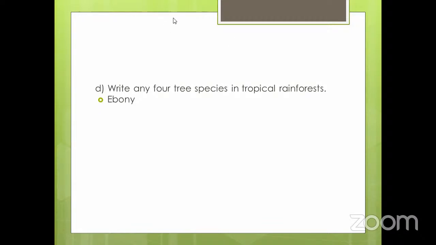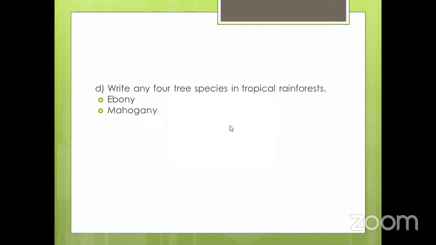That is one of the tree species we have in tropical rainforest or equatorial rainforest. Who can read that word? Susan, are you there? Or Dan? Hello?